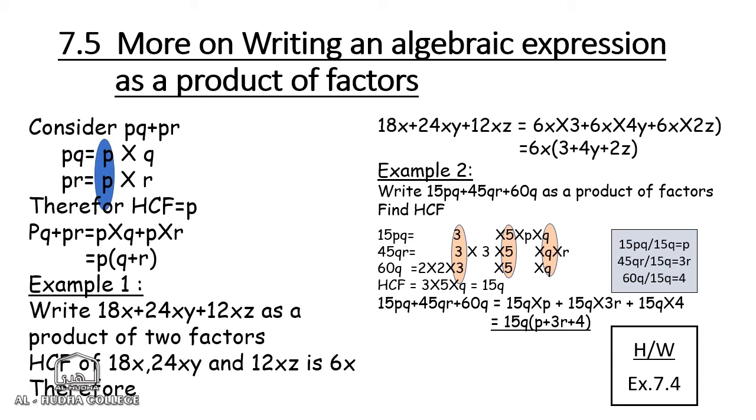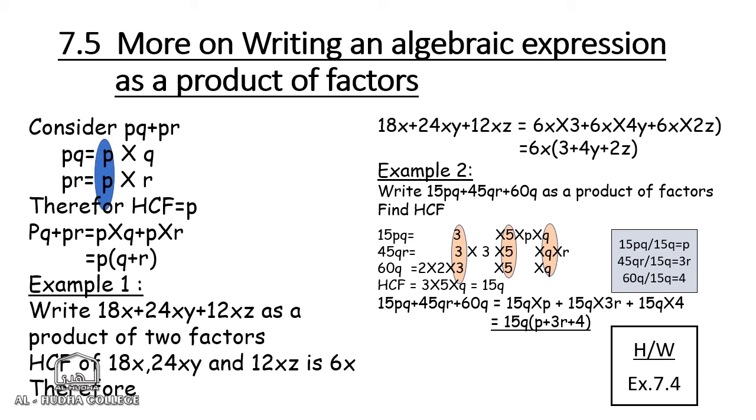Then 45qr can be written as 3 into 3 into 5 into q into r. Then 60q can be written as 2 into 2 into 3 into 5 into q. So it can be written this way.